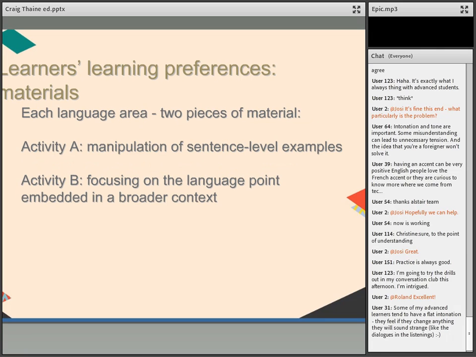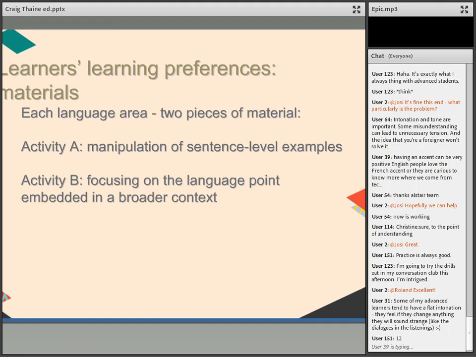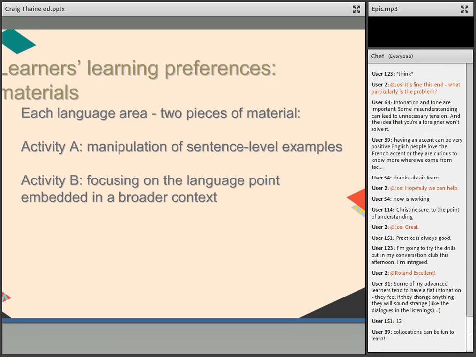So what I did is I found pieces of material. For each language point, writing and grammar, pronunciation, and idioms, I found an activity A where the learners were looking at sentence level examples associated with that language point.